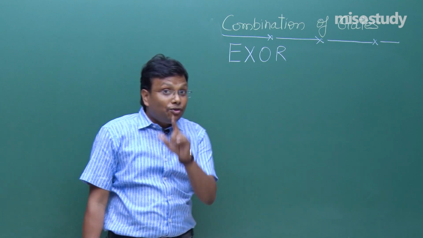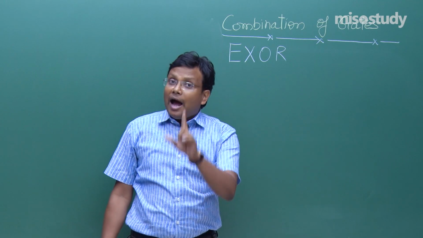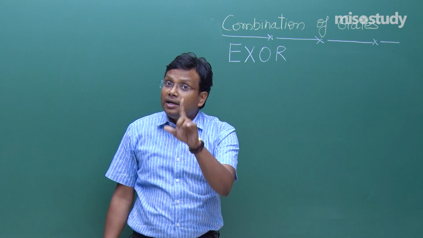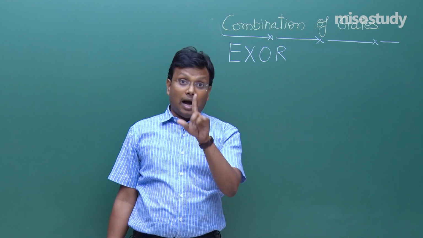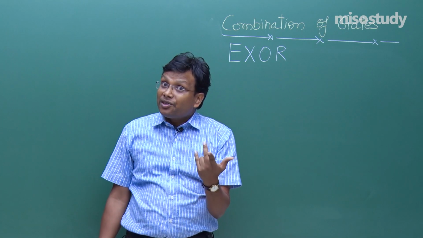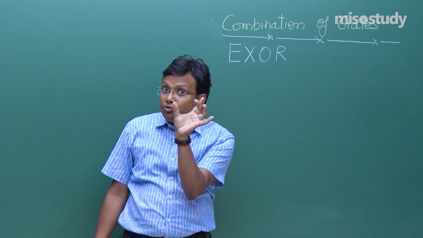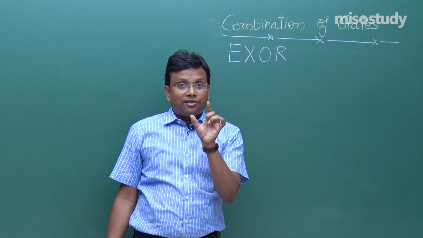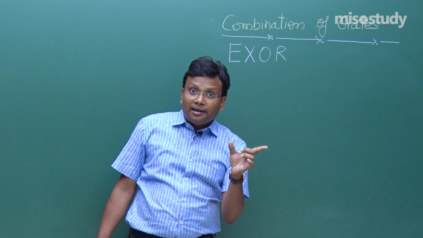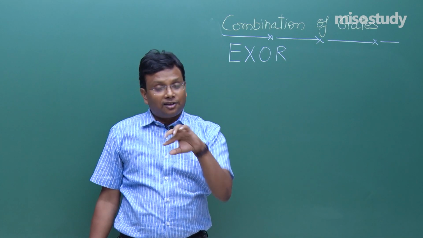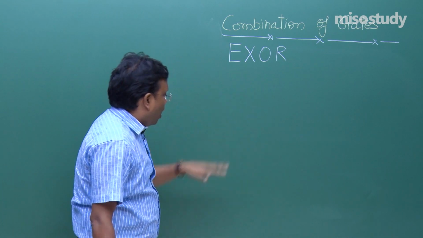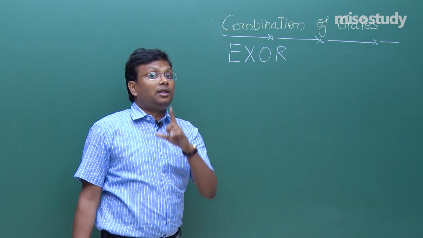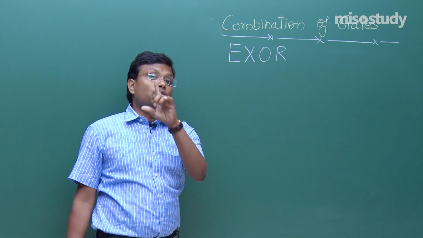But exclusive OR is saying if and only if one input is high, then the output is going to be high. If both inputs are high, then it is not exclusive. It's like exclusive either tea or coffee. It's not like you can take both. Fine. So exclusive OR is associated with the values where only one value is high.